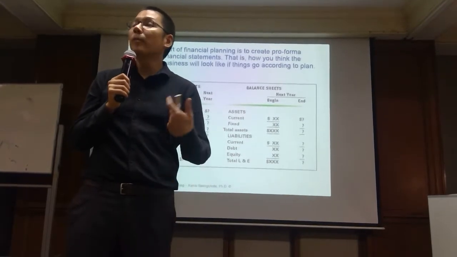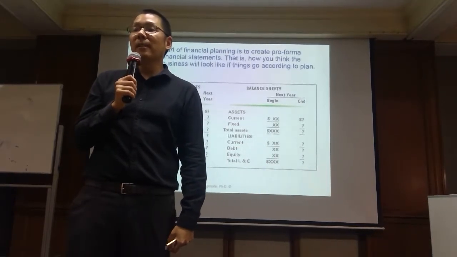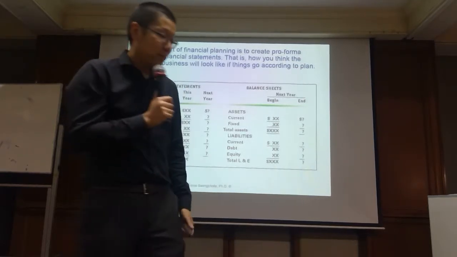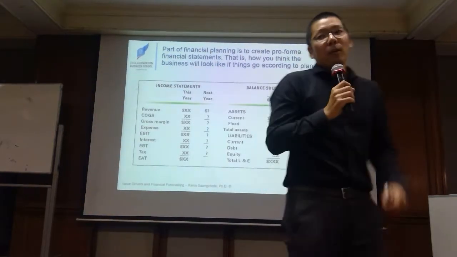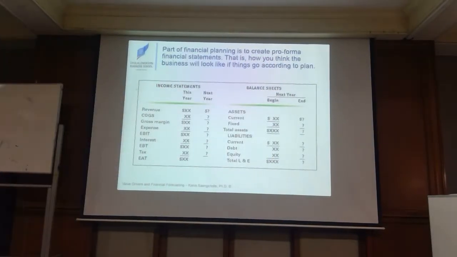Okay? The cynical way of putting it is these are our imagination. If everything goes according to plan, we can expect to see these numbers in the future. So this means when you use pro forma financial statements, if you want to have nice numbers, no problem. You can make up anything that you want.